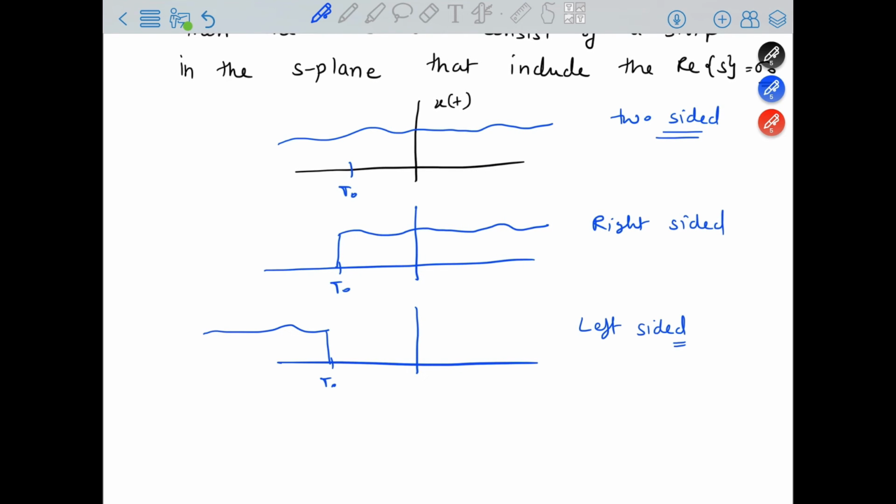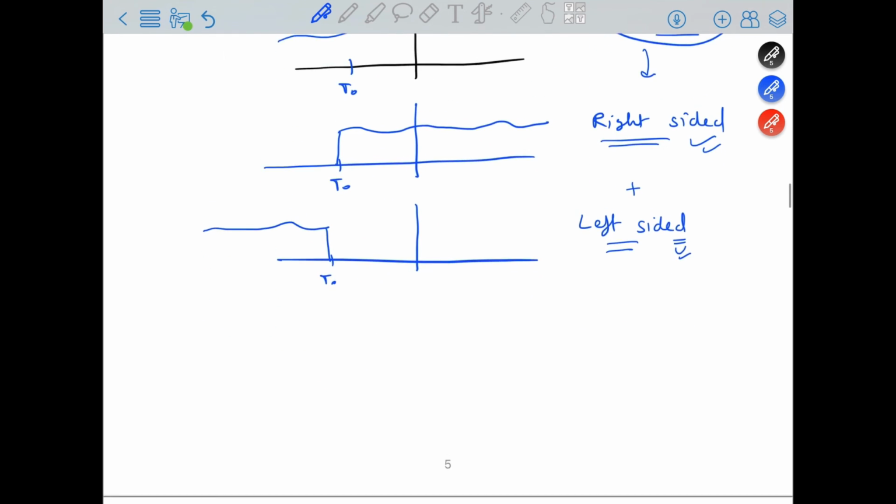So we have two signals, one is right sided and another one is left sided, and you can see that this two-sided signal can be interpreted as a combination of right sided and left sided. We have already seen the properties of ROC for right sided and left sided. So now we'll draw the ROC.